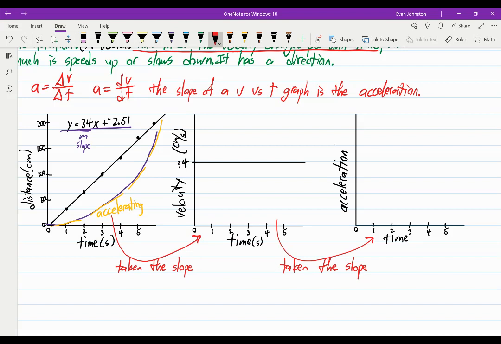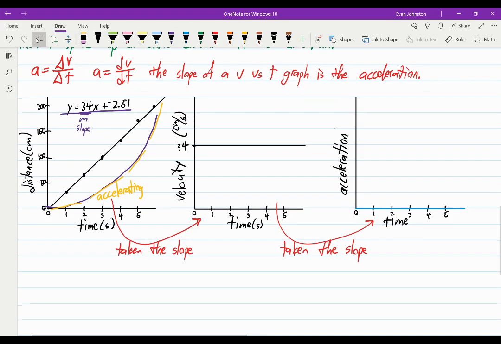So let's think about the units, though. What the heck are the units for acceleration? Well, if velocity is the change in distance over the change in time, that gave us like centimeters over seconds, right? Because we changed distance over time. But then acceleration is the change in velocity over the change in time.